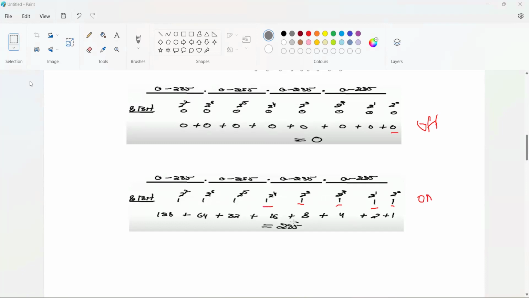If you place 1, 1, 1, 1, the value you will get is 255. And if you place zeros, the value will definitely be 0.